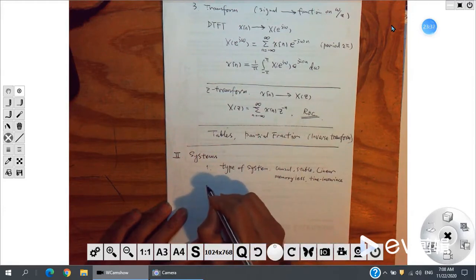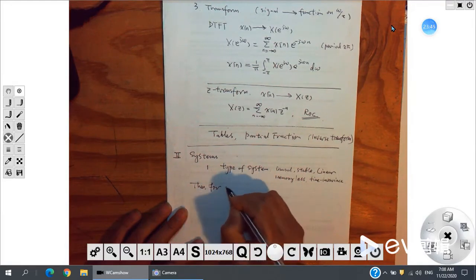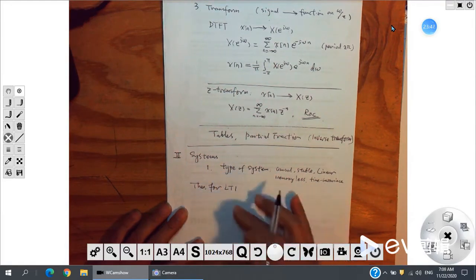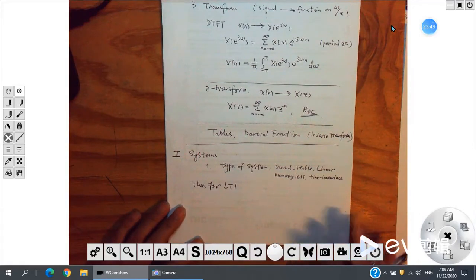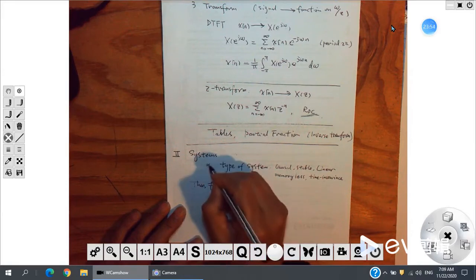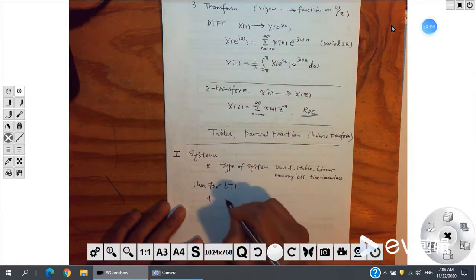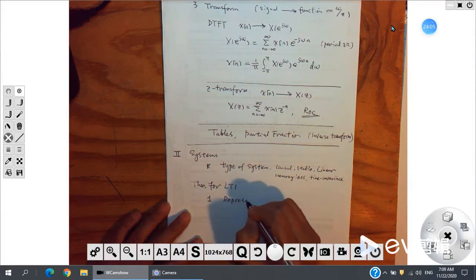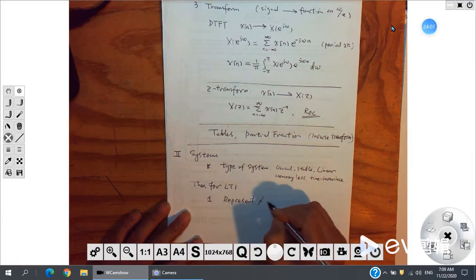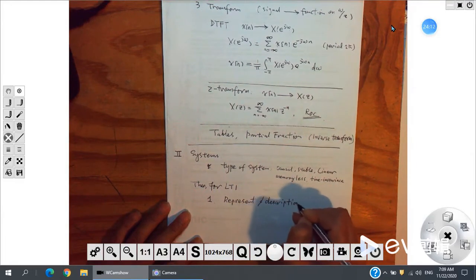Then consider LTI systems. Now all the rest is about LTI systems. So the first one is representation, or we say description, of a system.